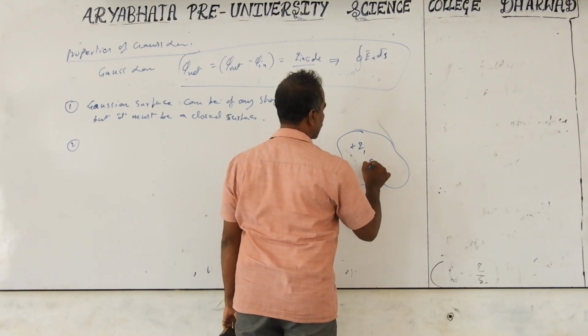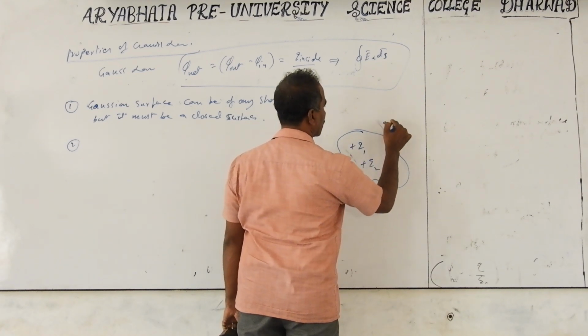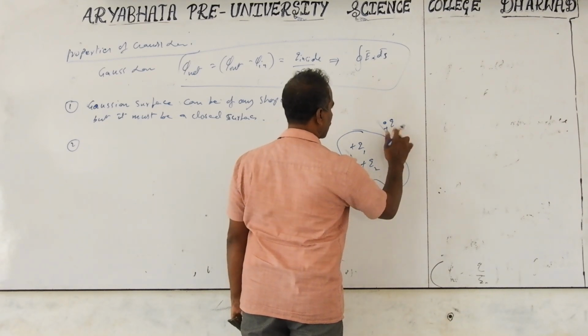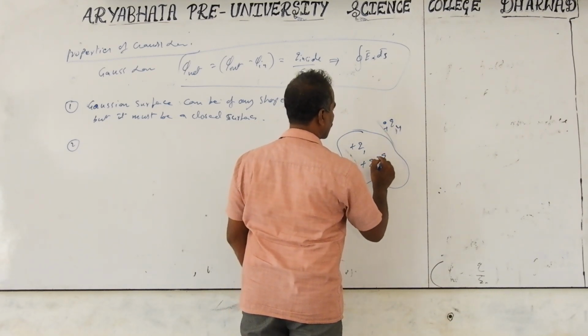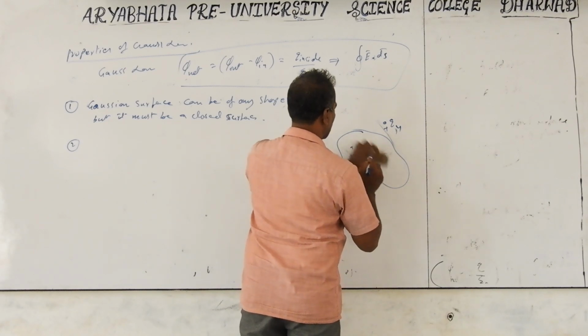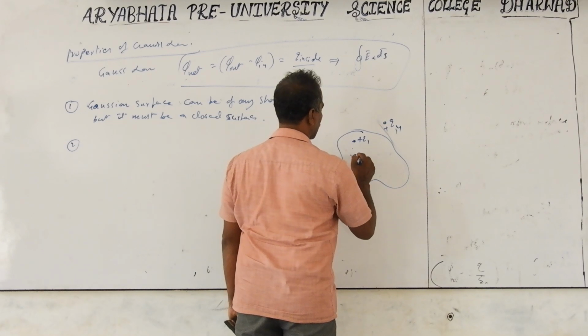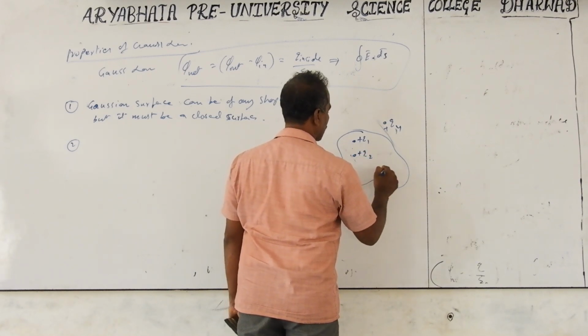Q1, Q2, on both sides Q3, Q4, minus 2, plus 2, plus Q2, minus 2.